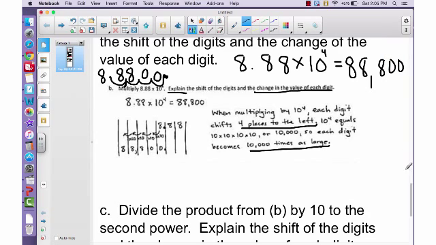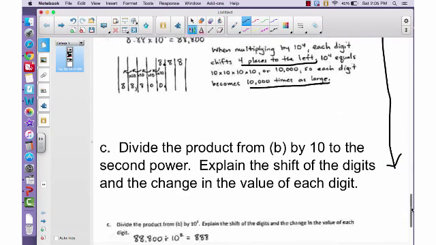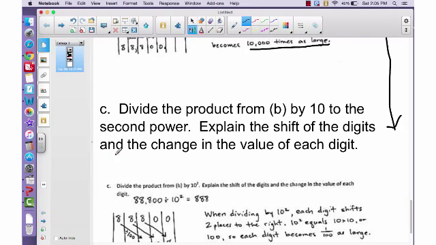So when we start C and we have to divide that product, I need to bring that all the way down here to start letter C. So I'm right away starting with 88,800.